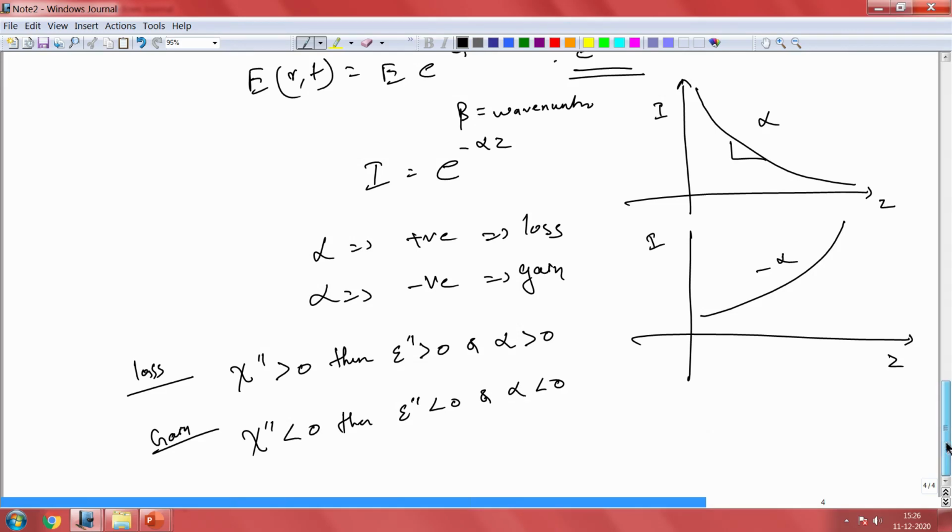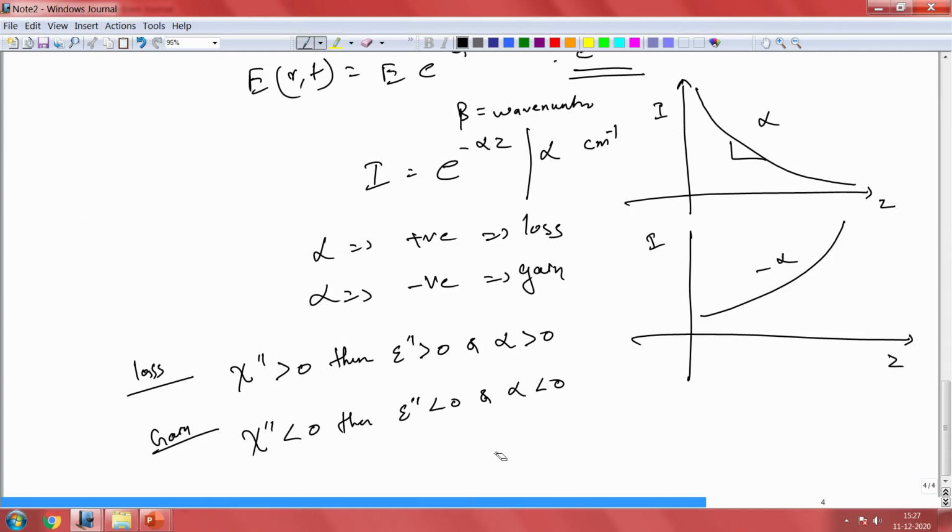All right. So, the gain or loss is represented per unit length. Alpha in this case is per unit length, it can be per centimeter. Gain can also be per centimeter.